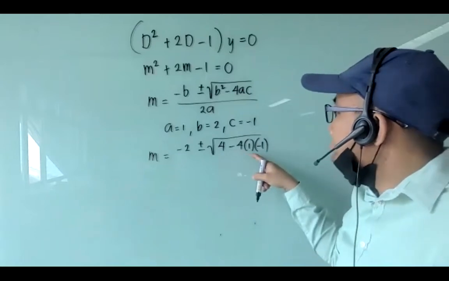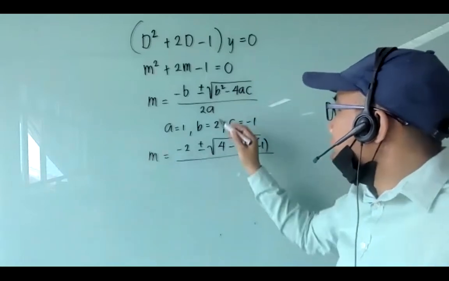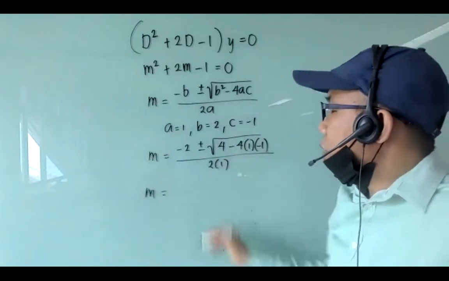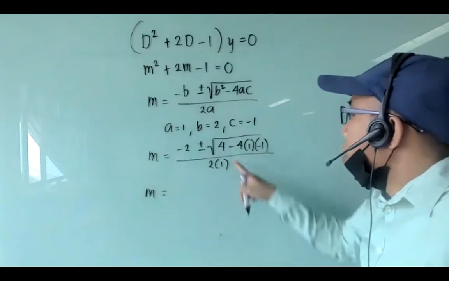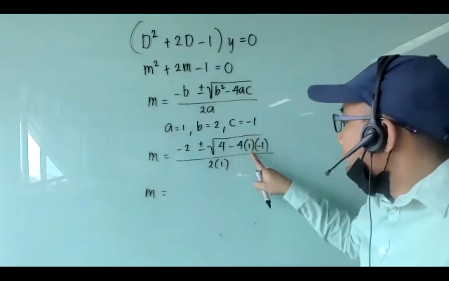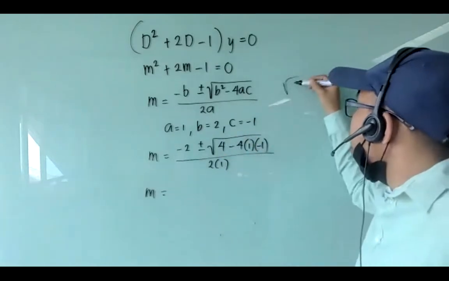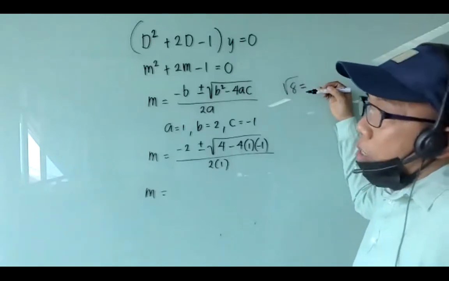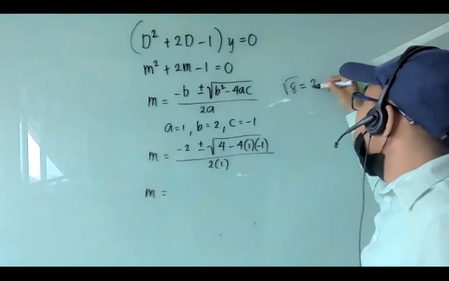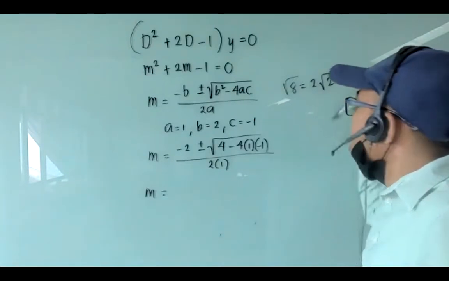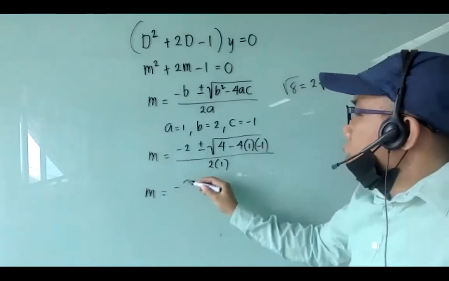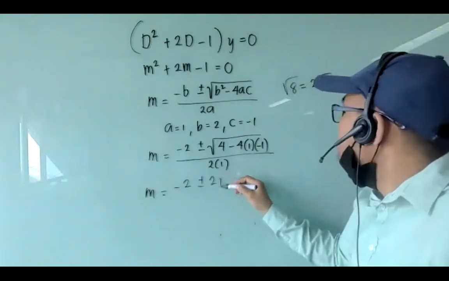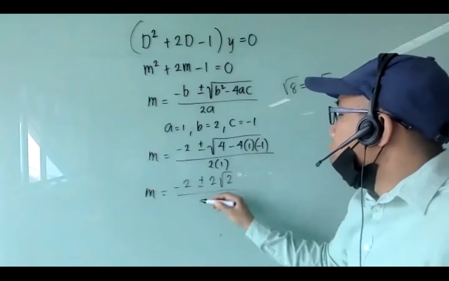This becomes square root of 8 divided by 2 times 1. Ito yung lumabas sa calculator, di ba? So 4 plus 4 is 8. Square root of 8, factor into 4 times 2, di ba? So square root ng 4 is 2. So 2 square root of 2.